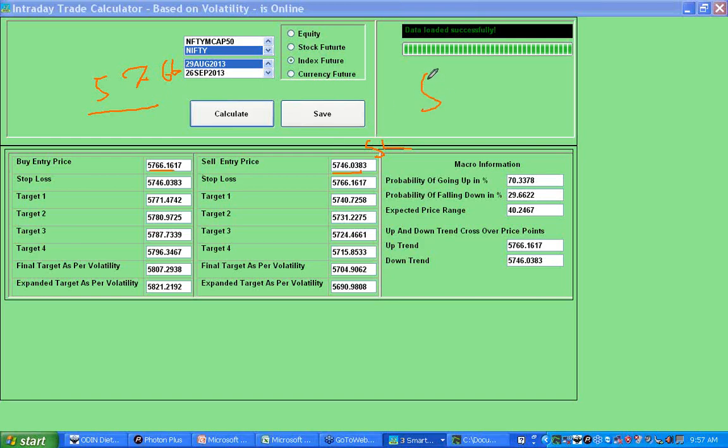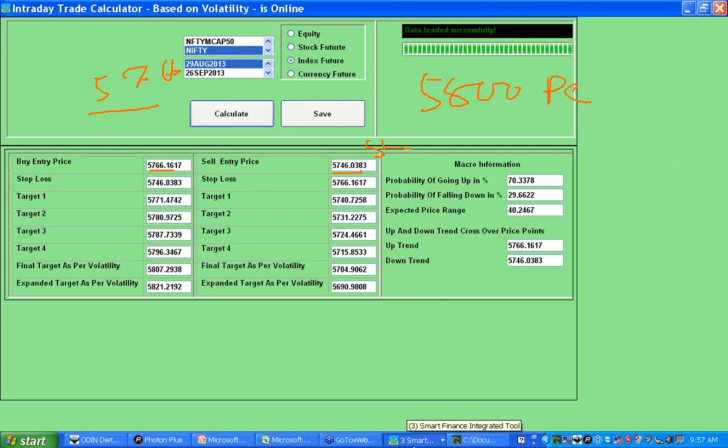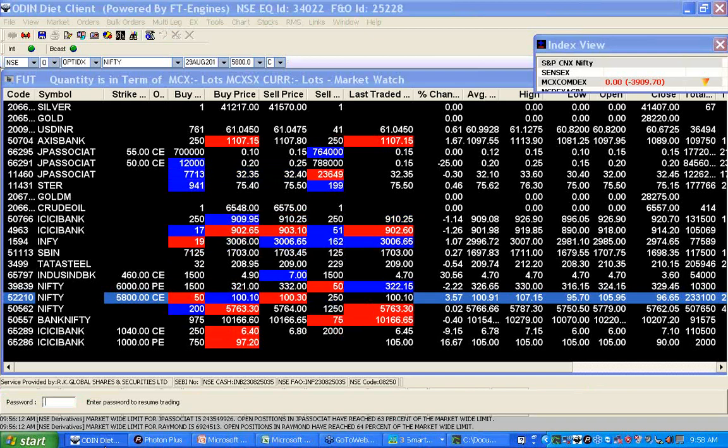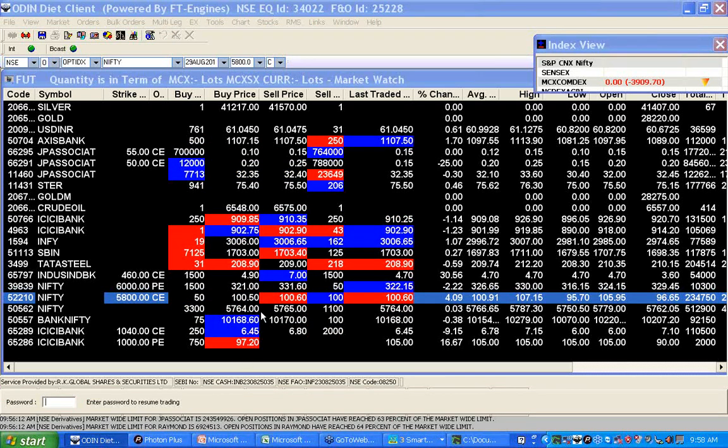If I buy one 5800 put option along with this one, I'll also evaluate and show you how it is going to help you, and if it is being taken with the option, then what will be its success ratio.